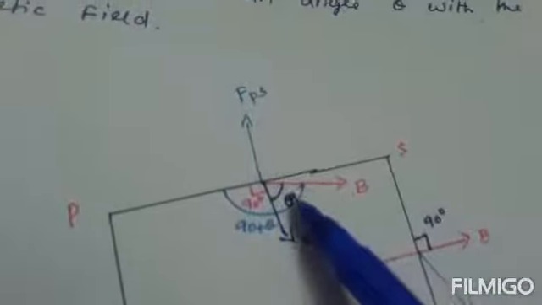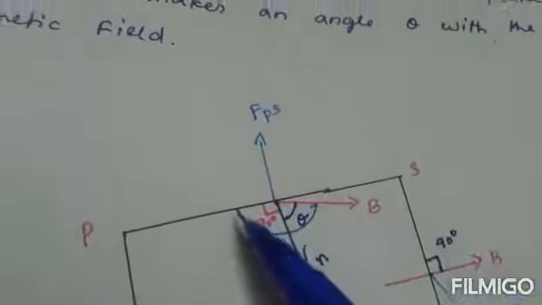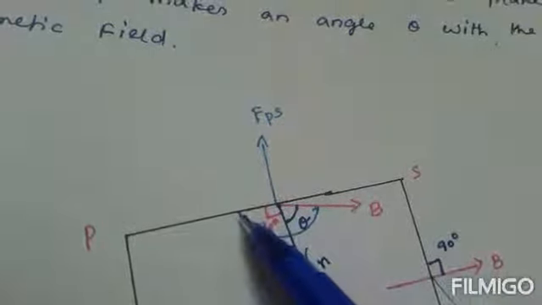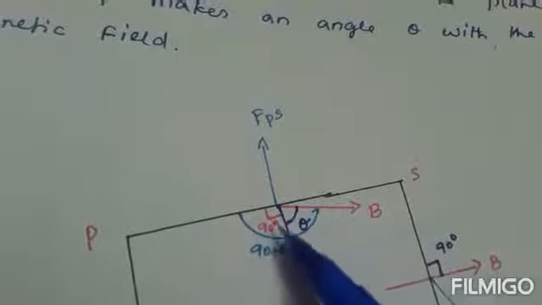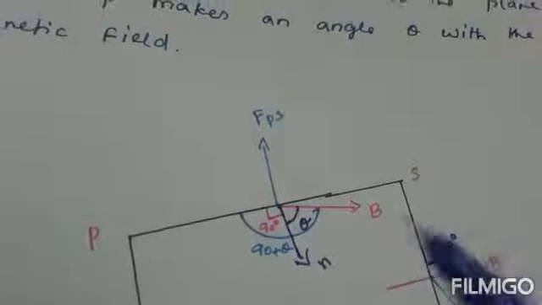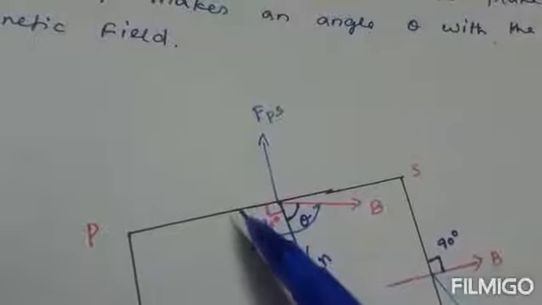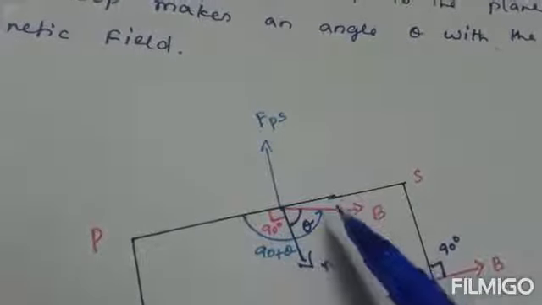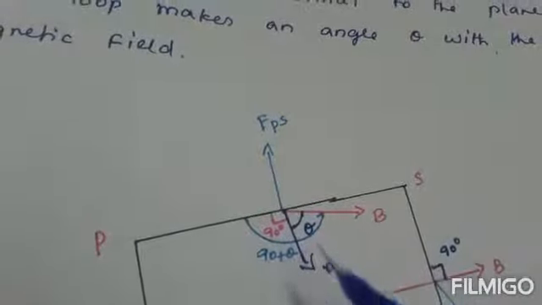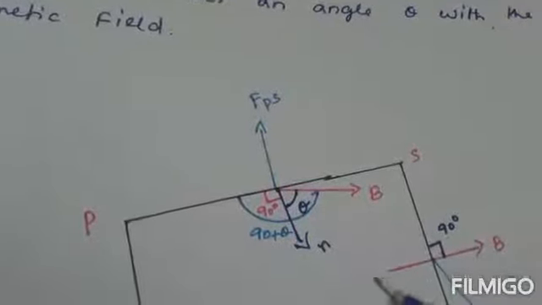Here the angle between the normal and the B vector is theta. The angle between the current element and the normal is 90 degrees. So the angle between the current element and the B vector is 90 plus theta.